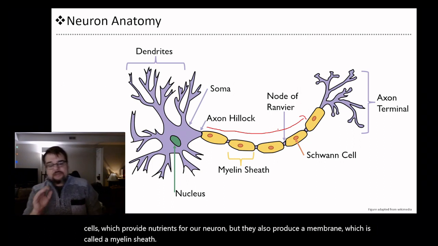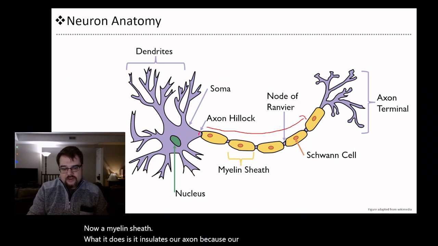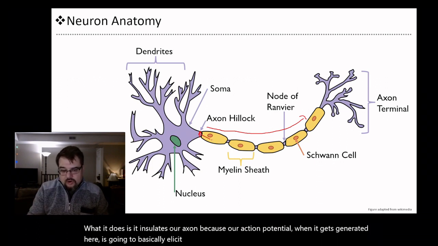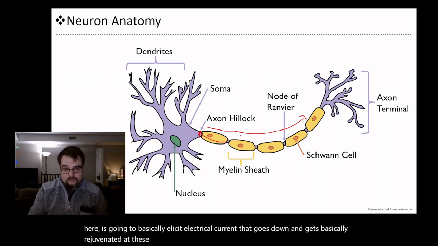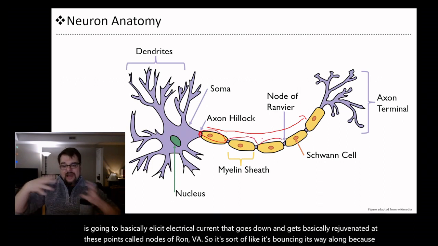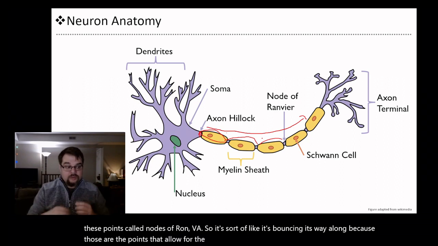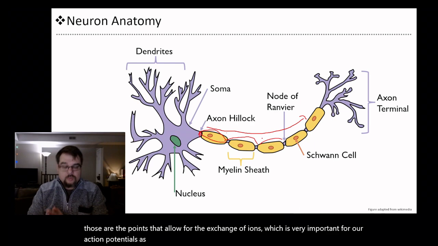The myelin sheath insulates our axon, because when the action potential gets generated here, it elicits electrical current that goes down and gets rejuvenated at these points called nodes of Ranvier. It's sort of like it's bouncing its way along, because those are the points that allow for the exchange of ions, which is very important for our action potentials, as we're going to see in a moment.